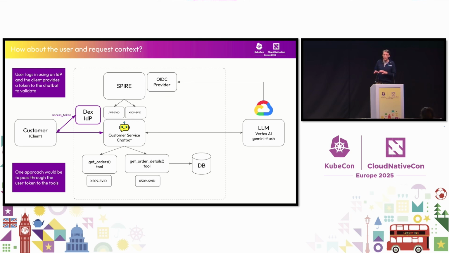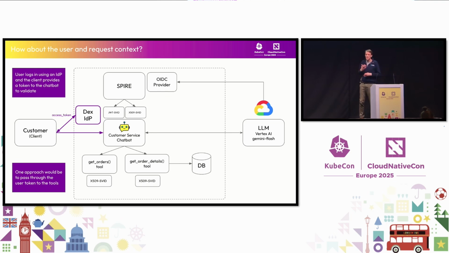And if we follow all the principles of zero trust, what we should be doing is taking not only the workload's identity, but also the user's identity as well, and using that combination to make a really fine-grained decision at the back end. So what I did here is I integrated DEX, and you might have noticed this already did have some login. So it did already know about me as a customer.